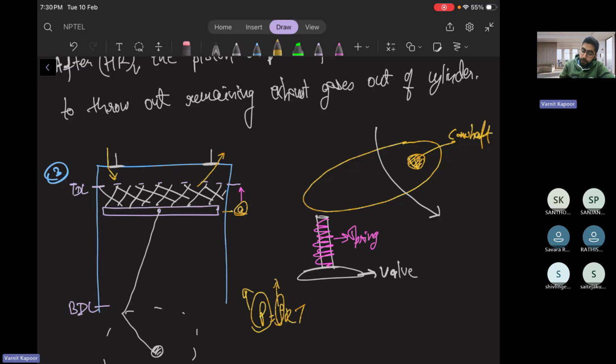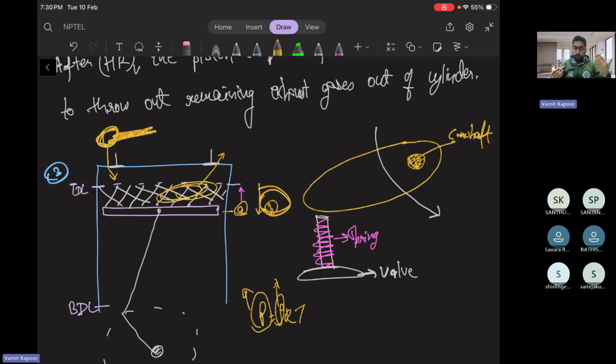So when it has moved from A to TDC and then from TDC to some position B, then only the suction will start, because the pressure in the inlet needs to be higher compared to the cylinder. Then only suction can start. If the pressure difference is not there, it will not suck the air fuel mixture, because of which the complete suction won't happen, and the concept of volumetric efficiency comes here.